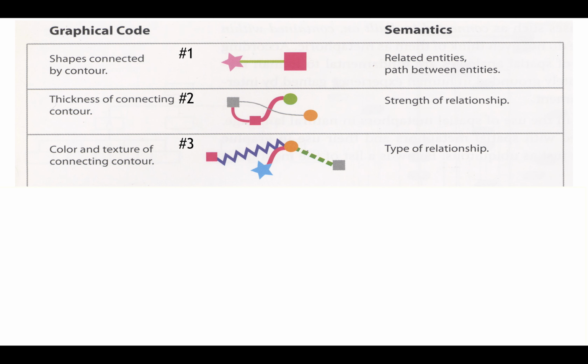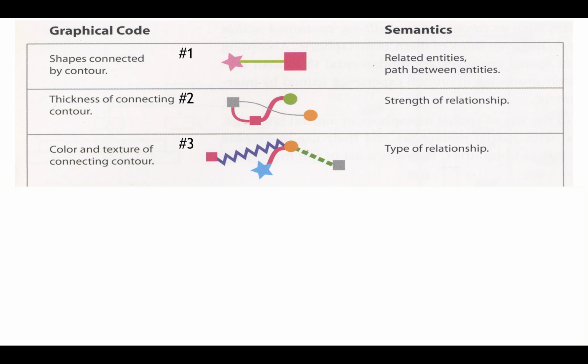Number 3 shows how color and texture of the connecting contour can come into play. More specifically, I would focus on the texture of the line. For example, the blue star and the orange ball have the most traditional, smooth, direct relationship, while the relationship between the pinkish square and the orange ball is intermittent.